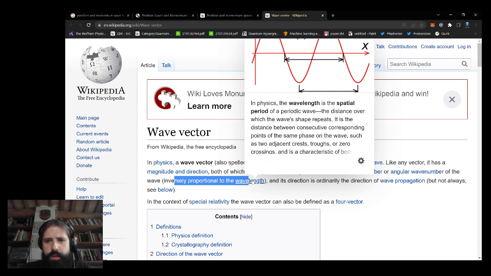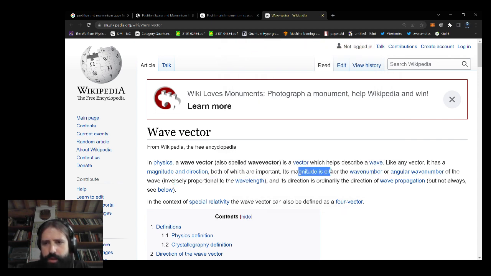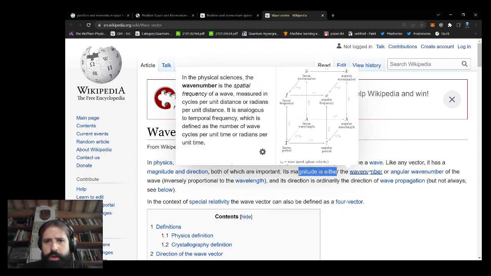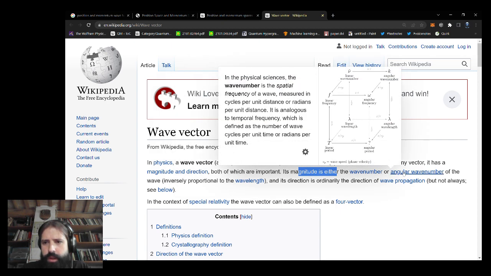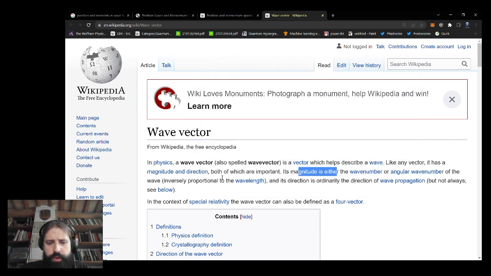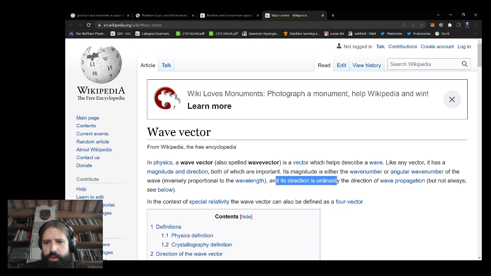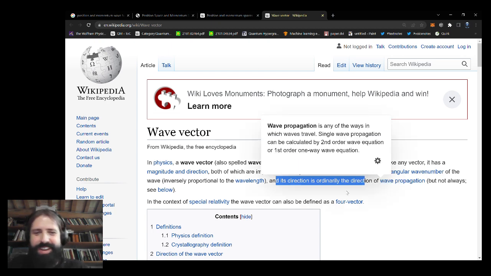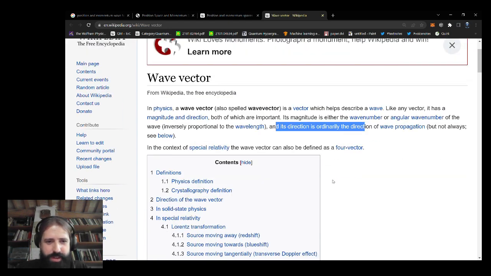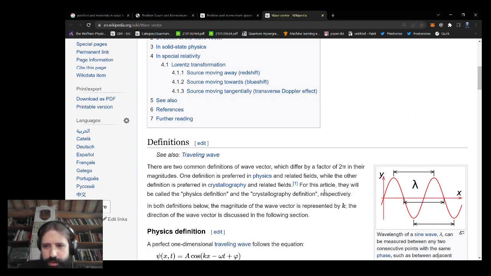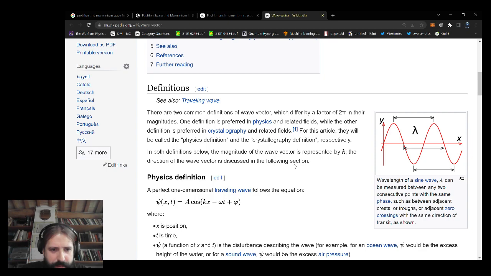The magnitude is either the wave number or angular wave number, which is inversely proportional to the wavelength, and its direction is ordinarily the direction of the wave propagation, but not always. Awesome, so we don't always have the same definition. Okay, but let me go through this a little bit more.